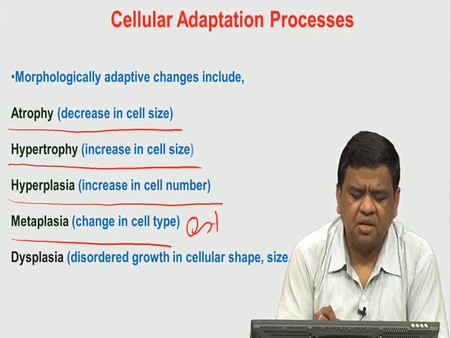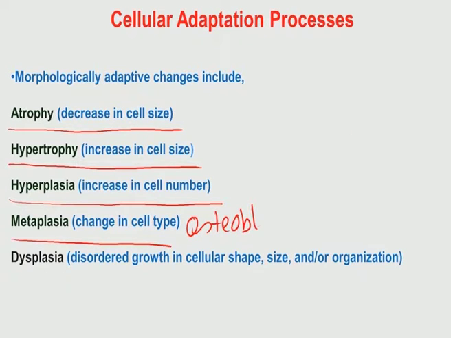An example of change in cell type: under certain circumstances, as I said in the last to last module, osteoblast can undergo transition to osteoclast. Osteo means bone, osteoblast means forming cells, osteoclast means bone resorption cells. Now, this kind of transition essentially helps the cell to adapt to certain external stimulation.